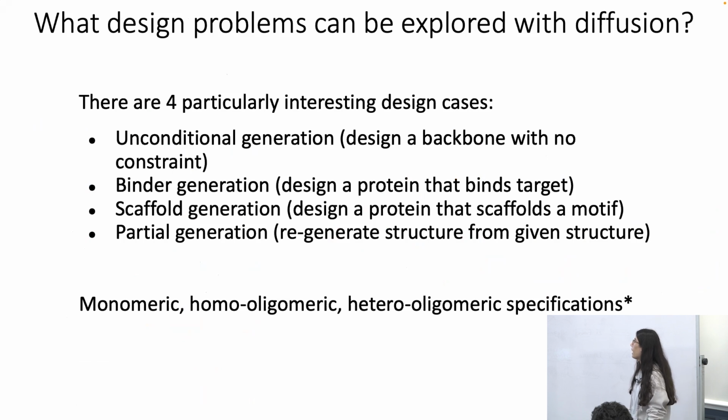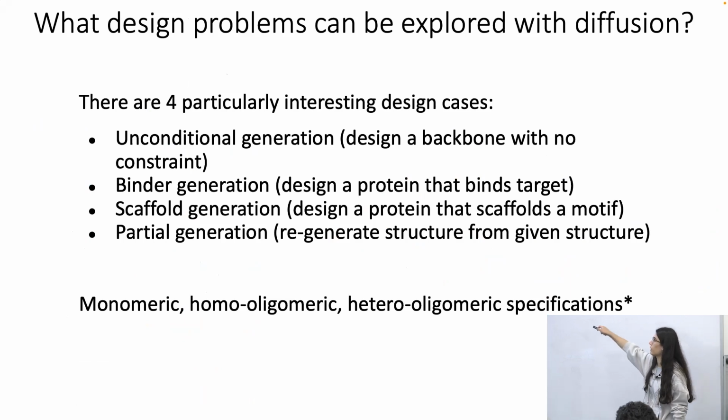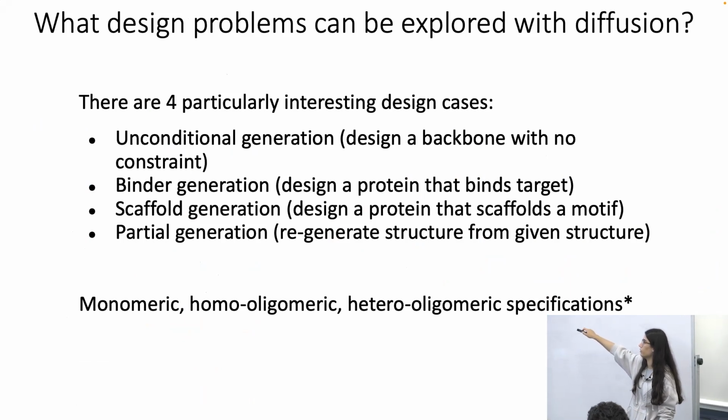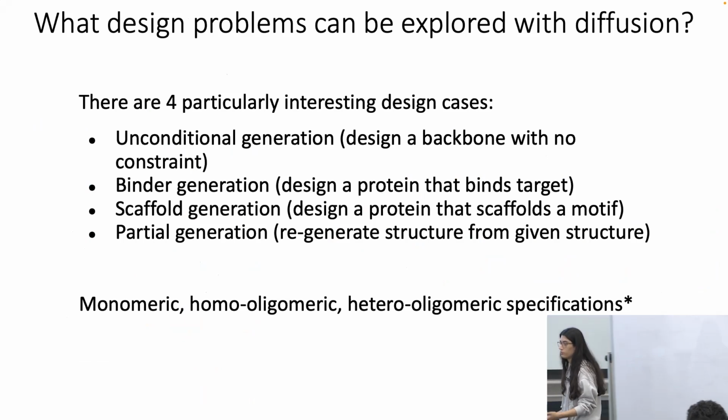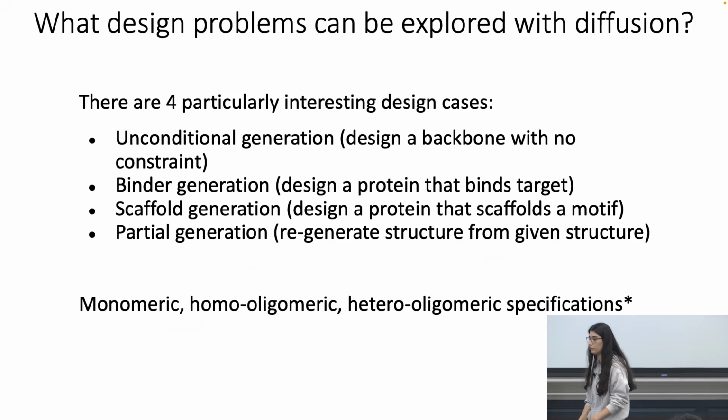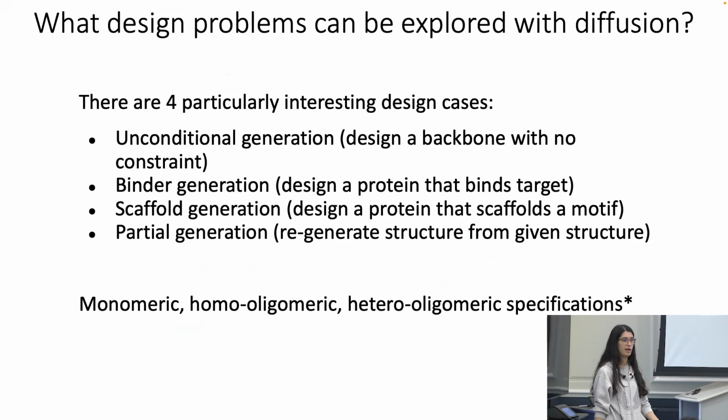And so why would we be interested in doing this at all, and why use it for protein design? Let's go back to the 4 cases that we talked about during hallucination. The first one is unconditional generation. We're just interested in making new protein shapes from scratch. We want new geometries, because if we could expand the libraries of structures that we have, then we can search for more possibilities in all sorts of applications.